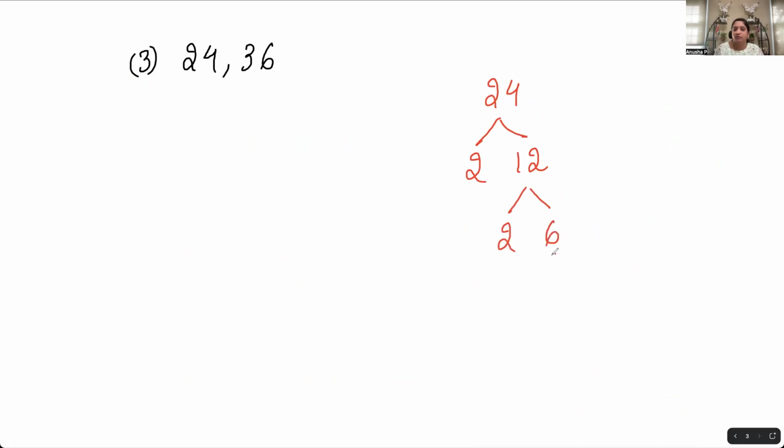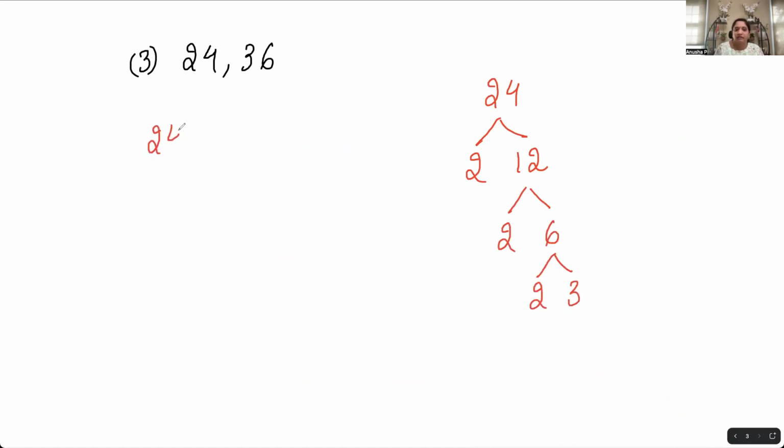Coming to the third example, 24 and 36. 24 is divisible by 2: 2 times 12, and 12 is nothing but 2 times 6. 6 is 2 times 3.